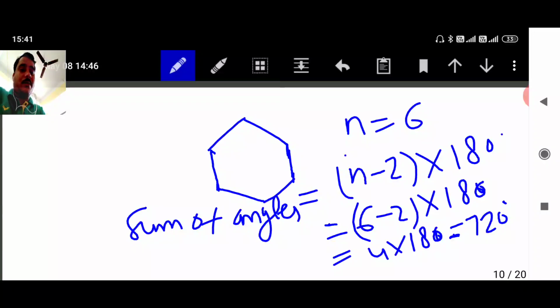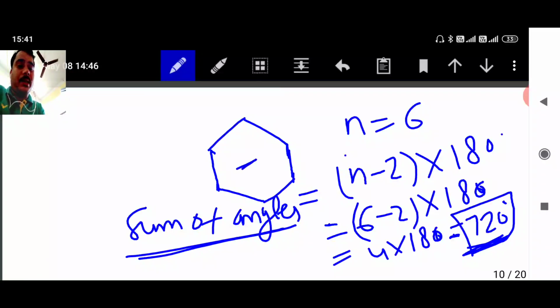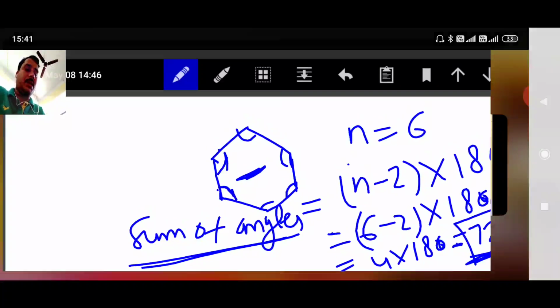So the sum of interior angles of a hexagon is 720 degrees. This is the sum of these interior angles. And what is the sum of exterior angles? Always 360.